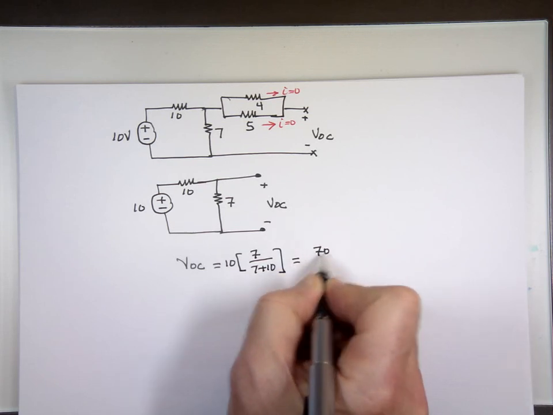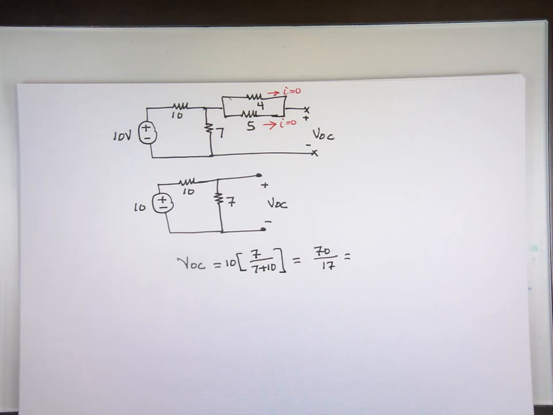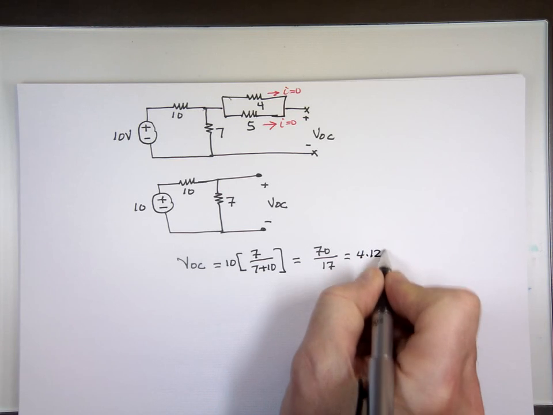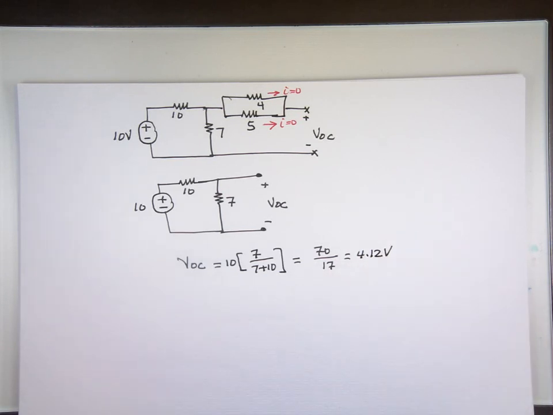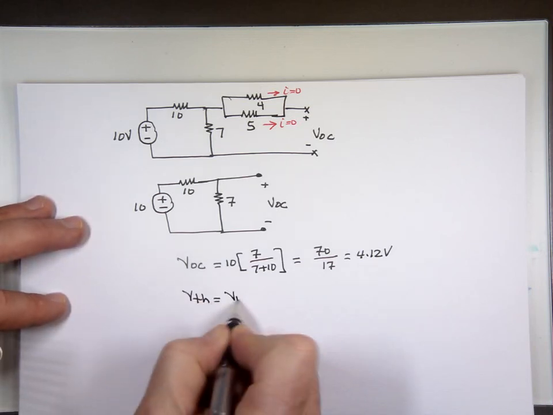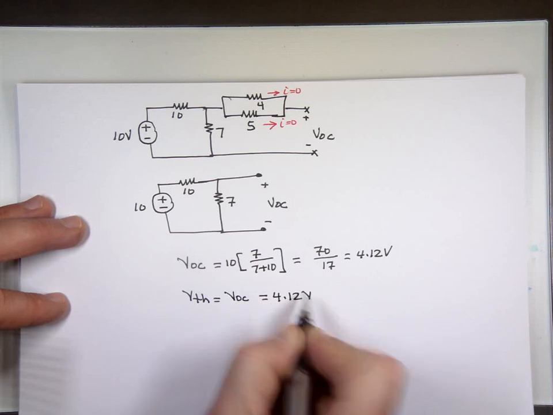That's 70 over 17, which is 4.12. That's V open circuit, or V Thevenin. So V Thevenin, which equals V open circuit, is going to equal 4.12 volts.